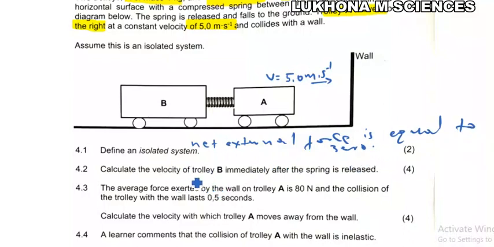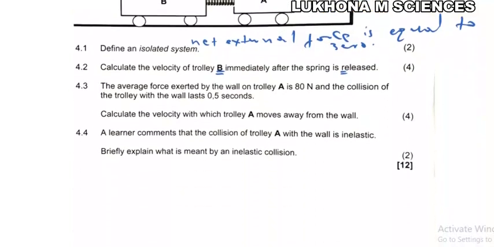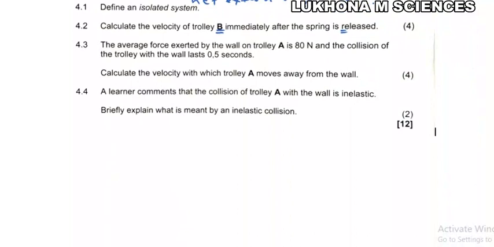Calculate the velocity of B immediately after the spring is released. So in this question, we are going to use the conservation of linear momentum, which says in an isolated system, the total linear momentum is conserved.